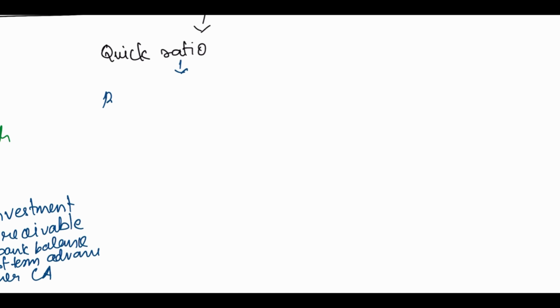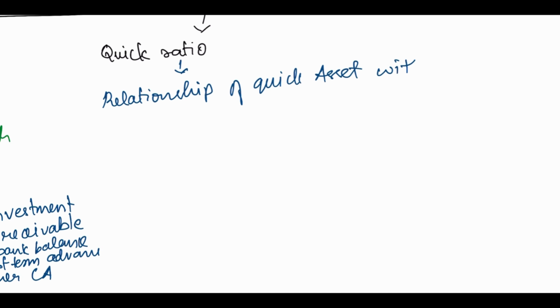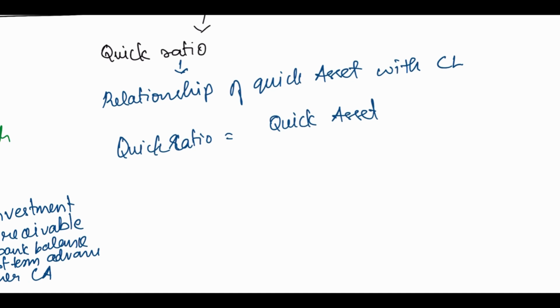Okay, so next let's move on to quick ratio. It shows the relationship of quick asset with current liability. The formula is quick ratio is equal to quick asset divided by current liability. Quick asset include what all things?